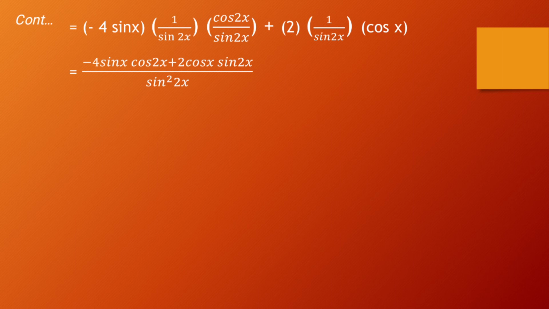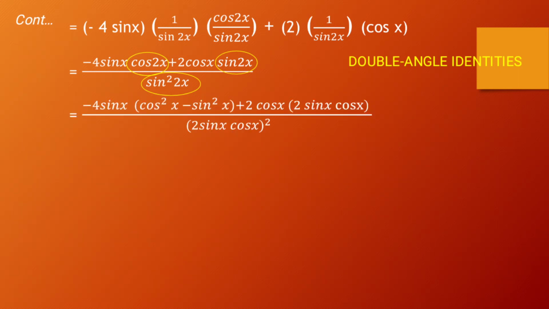And we also get the product of 2 times 1 over sine 2x times cosine x. And we'll just have to solve for the sum of those two different terms. That's why we have negative 4 sine x cosine 2x plus 2 cosine x sine 2x all over sine squared 2x. And as you can see, we have also the double angle identities here.